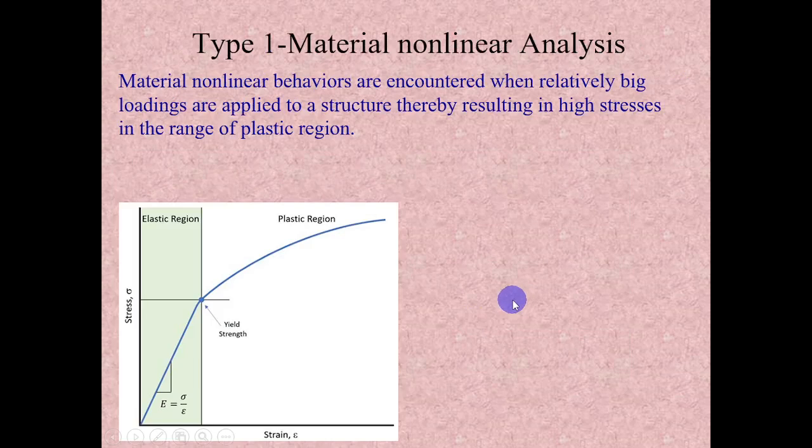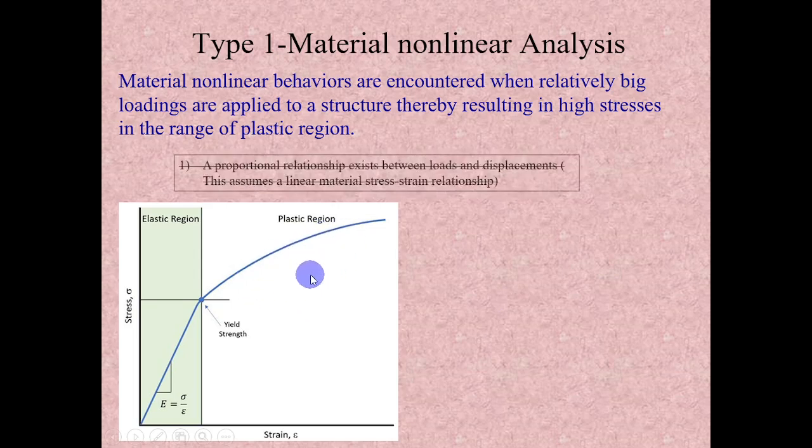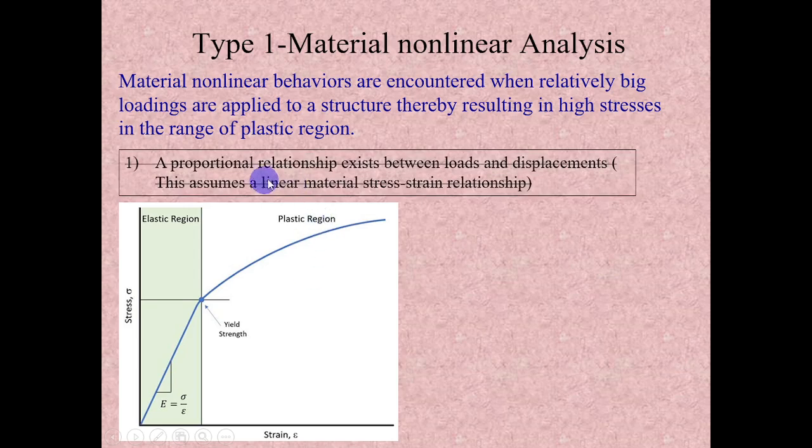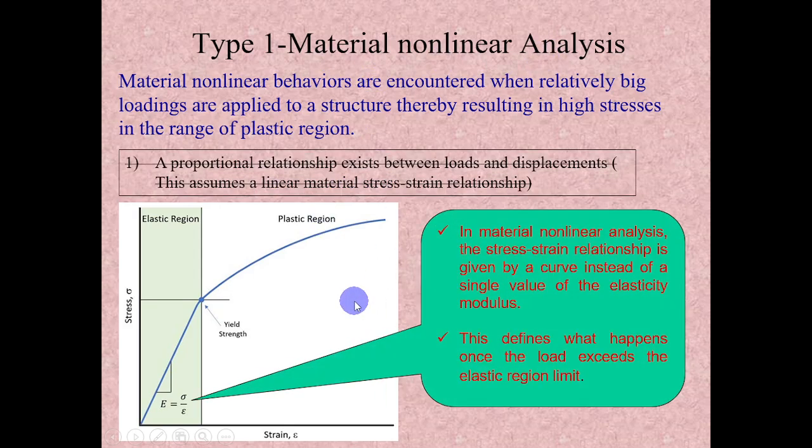In a material nonlinear analysis, the behavior is encountered when relatively big loadings are applied to the structure, resulting in high stress in the range of the plastic region. So that proportional relationship is no more valid, so we have to go for material nonlinear analysis. In material nonlinear analysis, the stress-strain relationship is given by a curve instead of a single value.